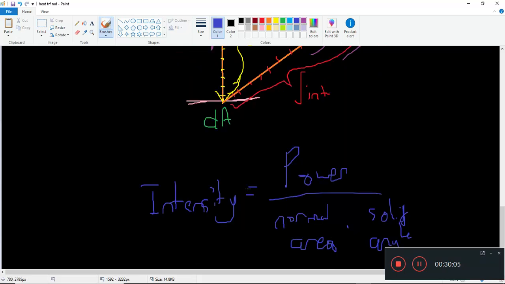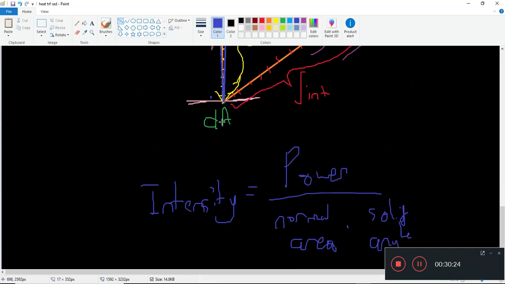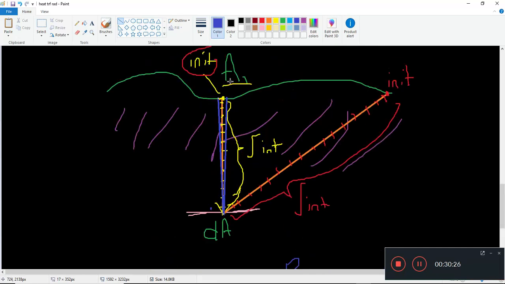For this first intensity here, the solid angle is bounded by these two lines. It's a very small solid angle, so it's almost a straight line. That's the intensity when you look in this particular direction, and it will be determined by this orange line here.